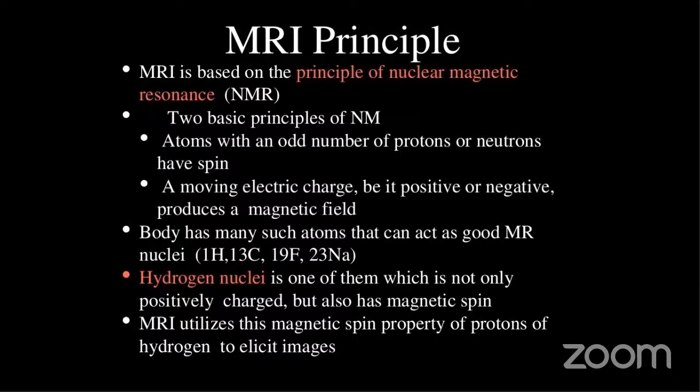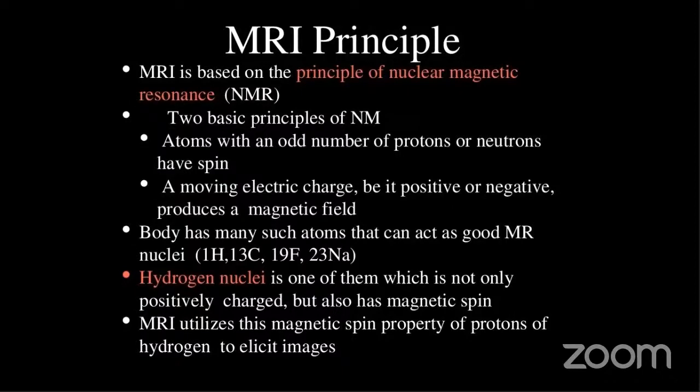So when you subject them to a very high magnetic field, all these protons will align in one particular direction. There is something called longitudinal alignment, and then there is something called transverse alignment. So they align in one particular direction.